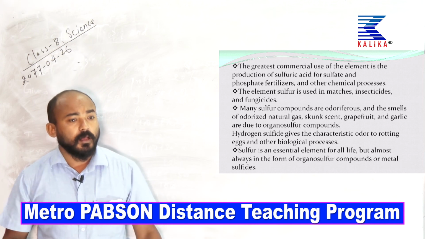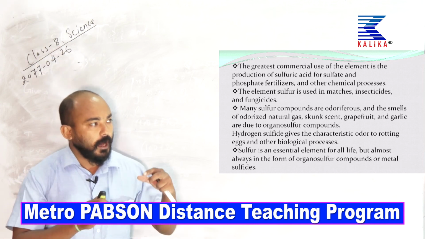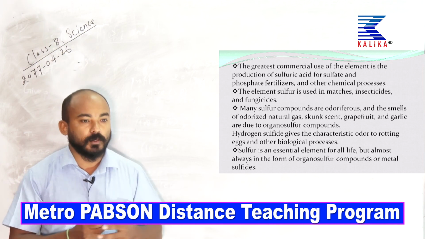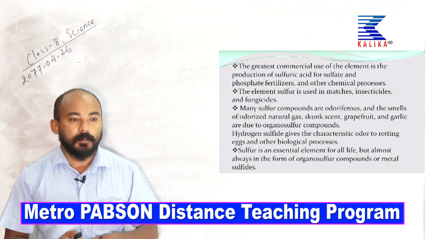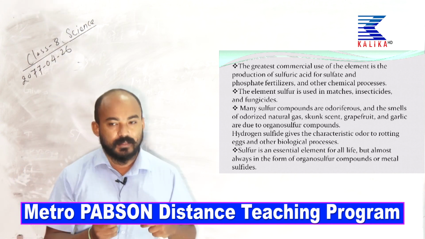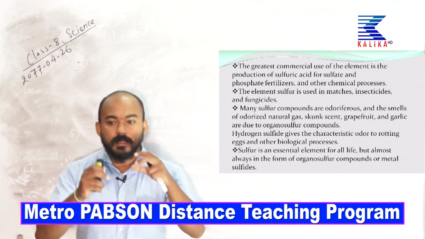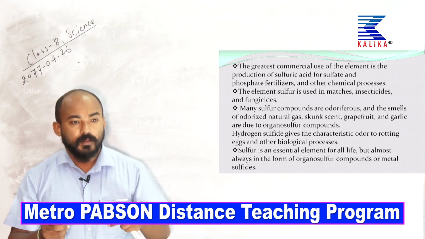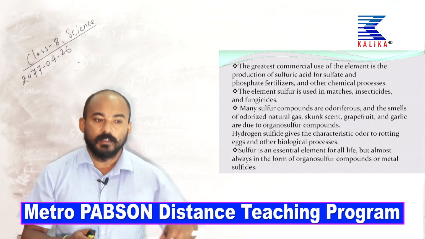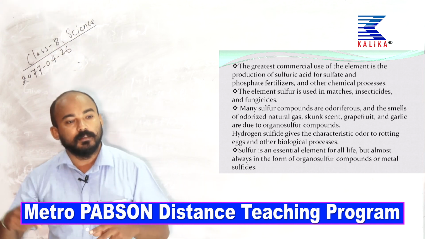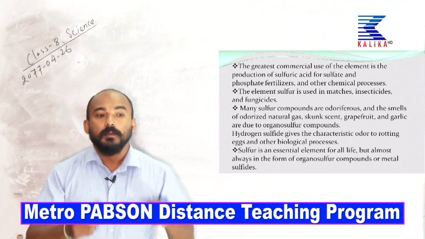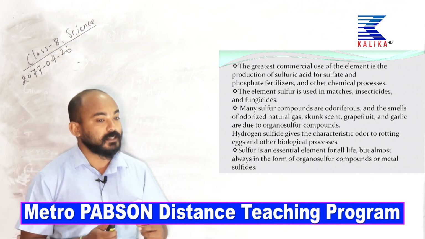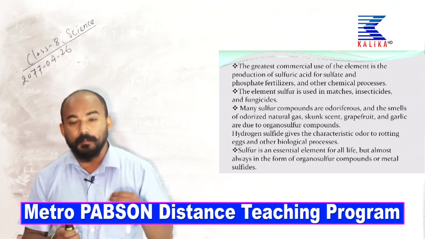That means metals have the property of donating electrons to others, non-metals accept electrons, and metalloids share electrons. Among them, if they are good conductors they are metals, bad conductors are non-metals, and semiconductors are metalloids. These are the distinguishing characteristics of metals, non-metals and metalloids.